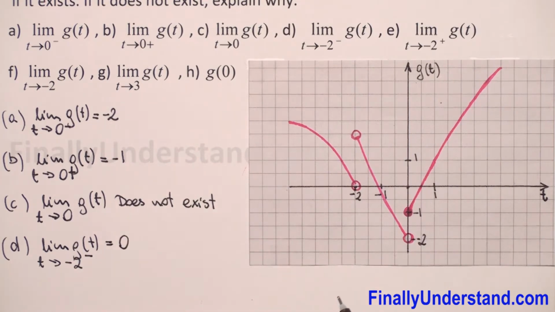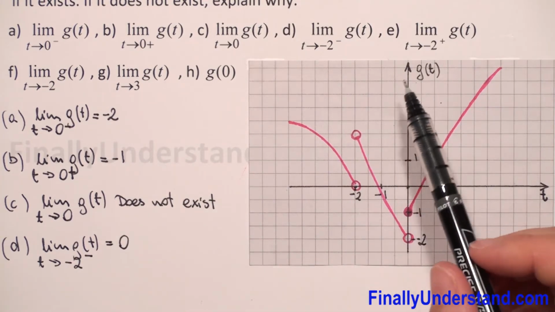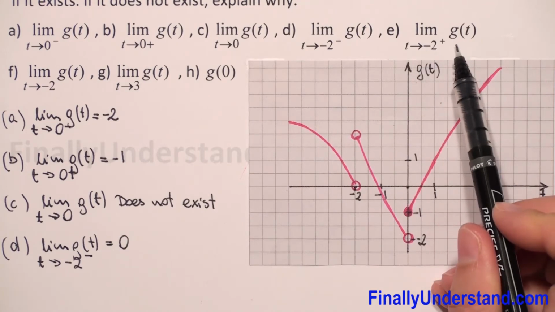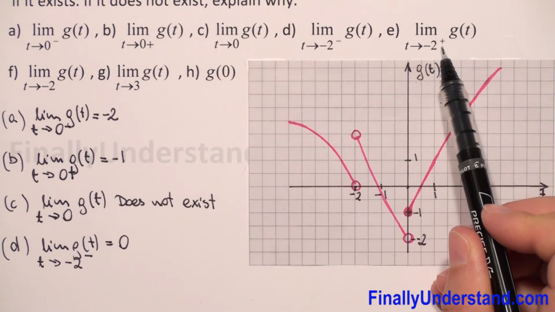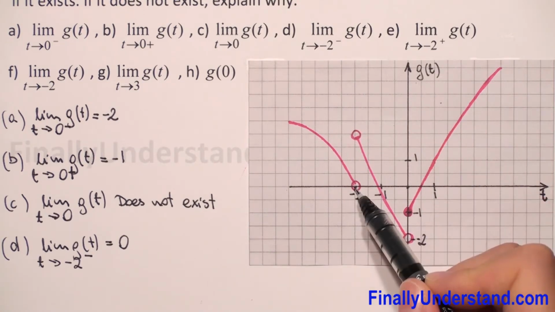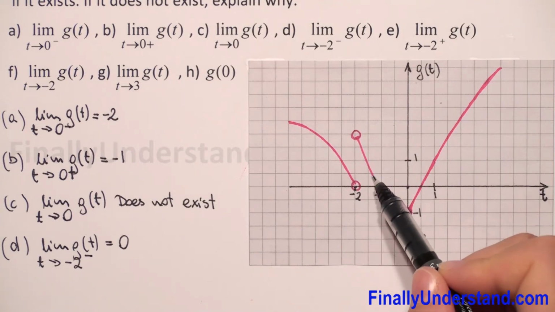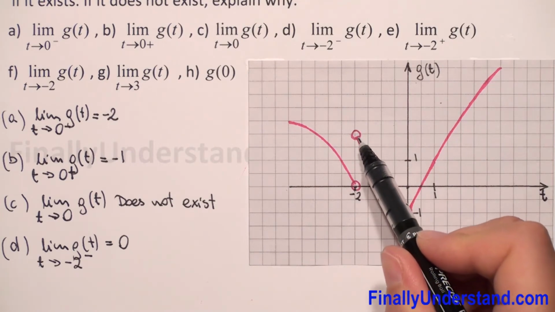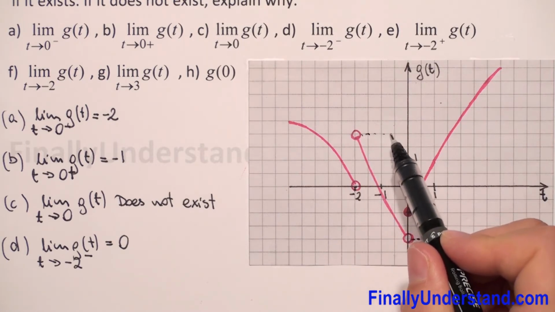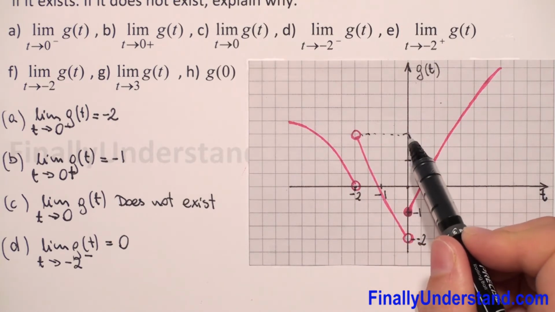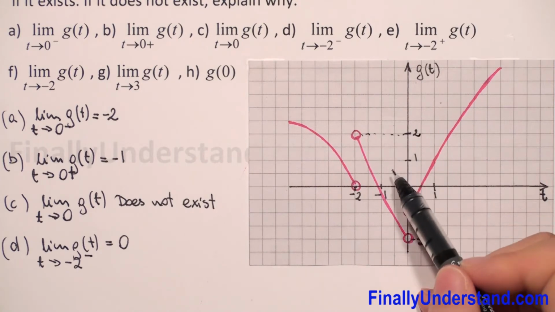Now we have to find the limit of g of t as t approaches -2 from the right side. So we are going to -2 from the right side. We are going to this point. So let's check. The value is 1. Here will be 2.